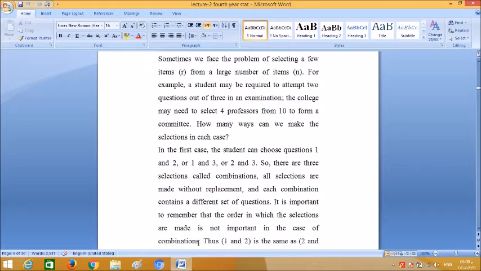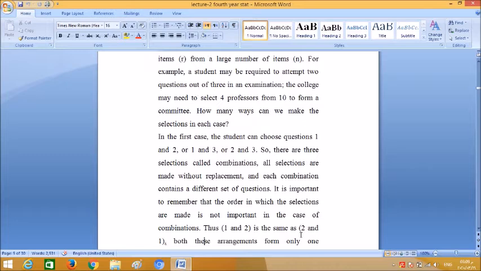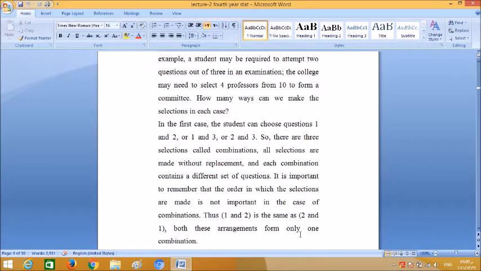Thus, 1 and 2 is the same as 2 and 1. Both these arrangements form only one combination, one group: 1 and 2 or 2 and 1, Muhammad and Ahmad or Ahmad and Muhammad. They form one group according to combination.